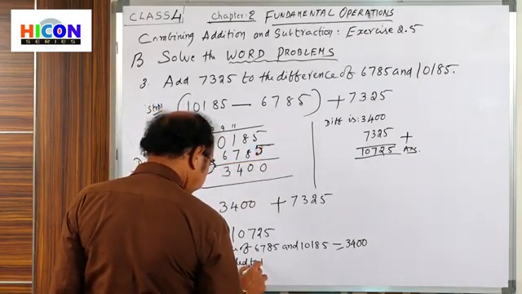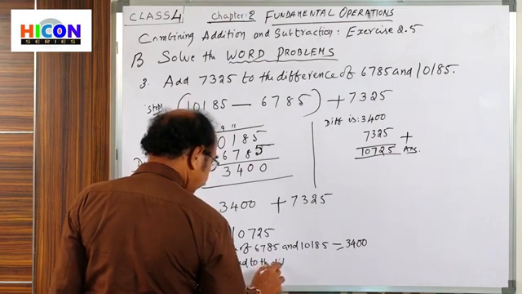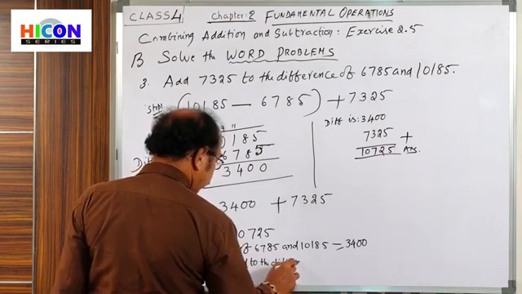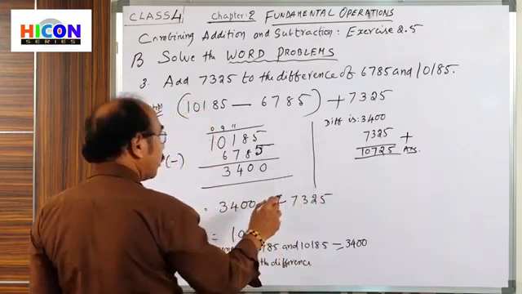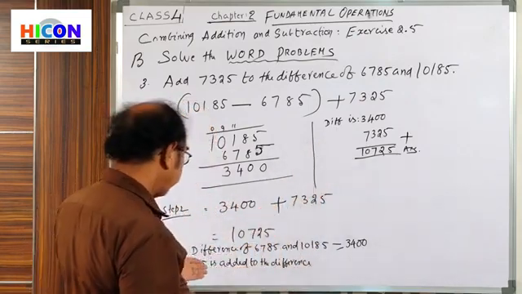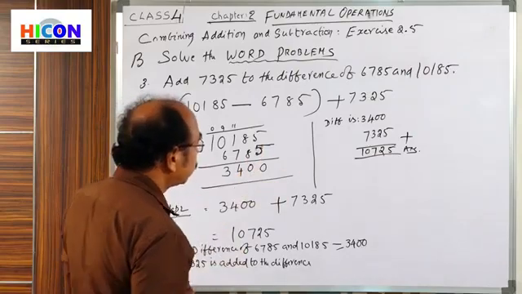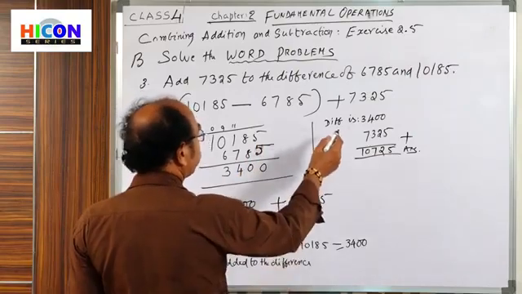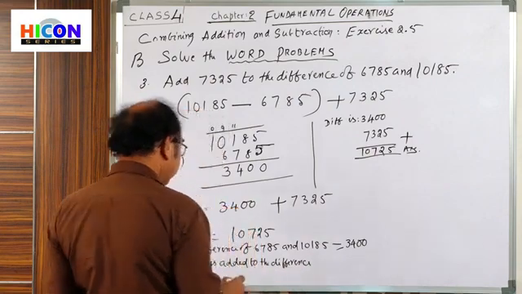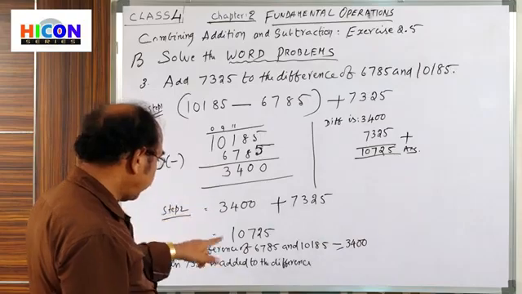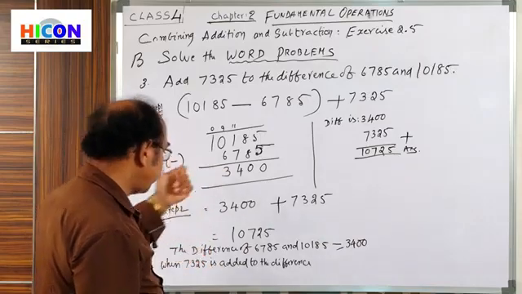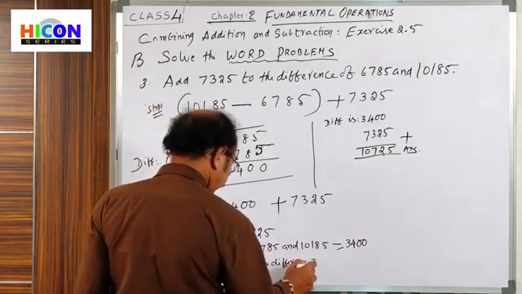Then 7,325 is added to the difference 3,400.